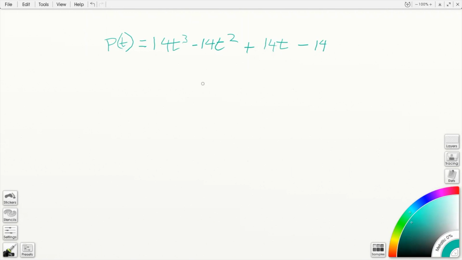As discussed yesterday, I'm just going to change the color, let's go green.